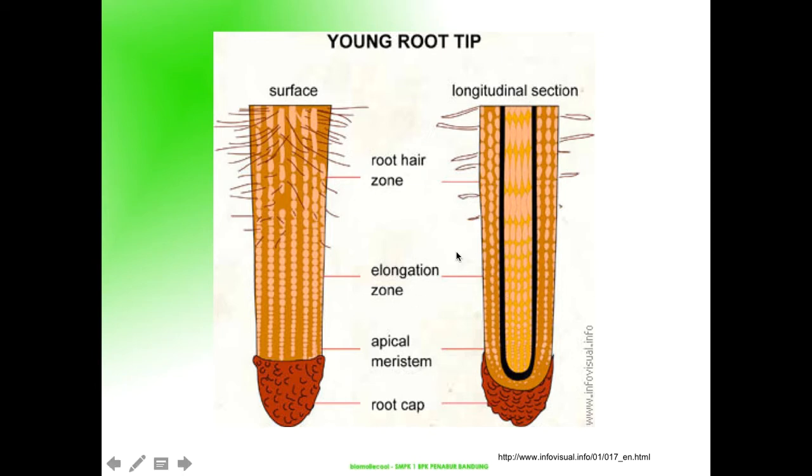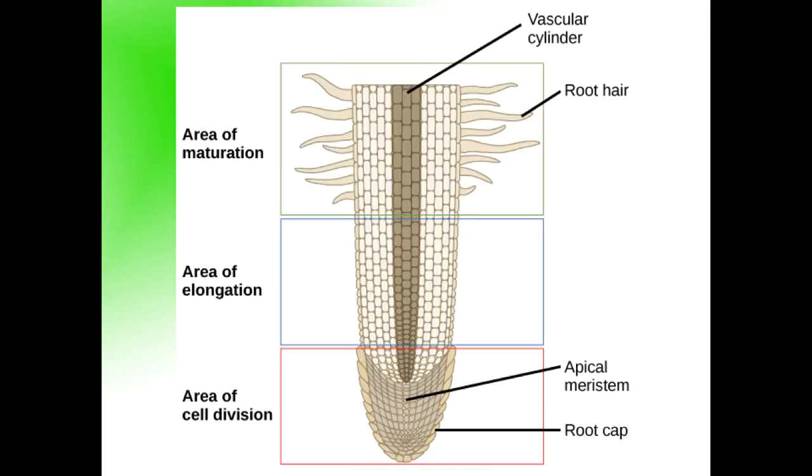And if the root is cut longitudinally like this, then you see the inside of the root. This is another image of a longitudinally cut root tip. You see, this is the area of maturation. I think I'm going to start from the tip.